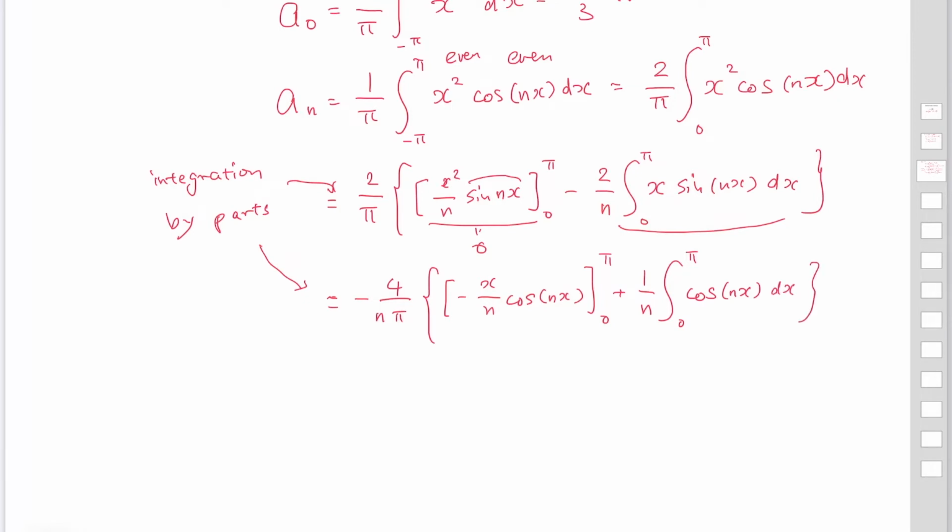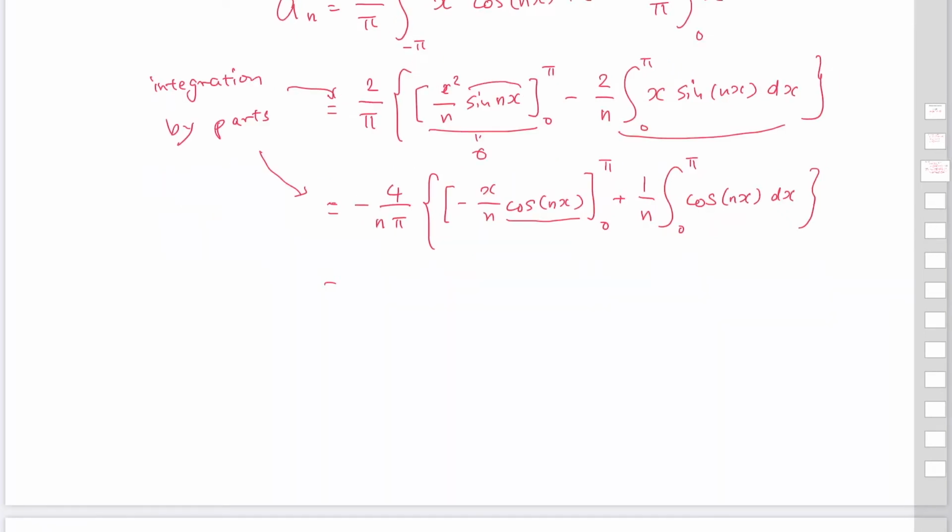So you can write it this way. Then if you substitute cosine n pi, it becomes minus 1 to the n. This becomes 4 over n squared times minus 1 to the n, because the other term is going to be 0. Also we'd like to calculate b sub n.